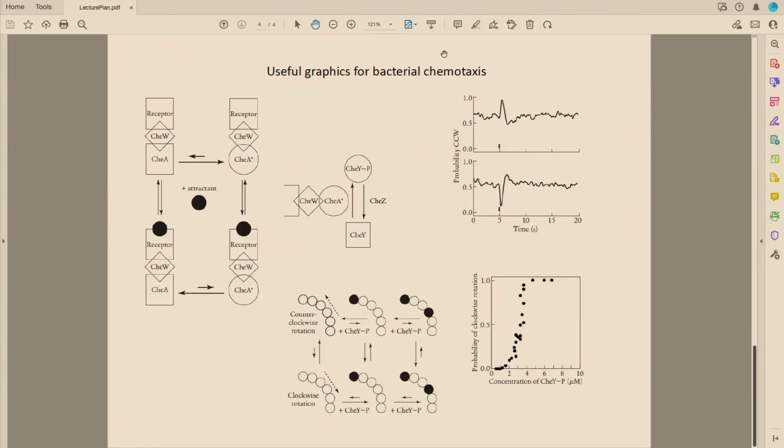So when the receptor is bound, the frequency with which the activation of the internal part occurs is changed. It's less frequently activated when the receptor binds something. That means it's less frequent for CheY to be phosphorylated, and that means it's less frequent for the motor to switch its direction of flipping.